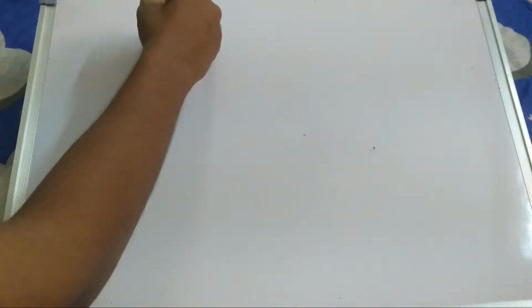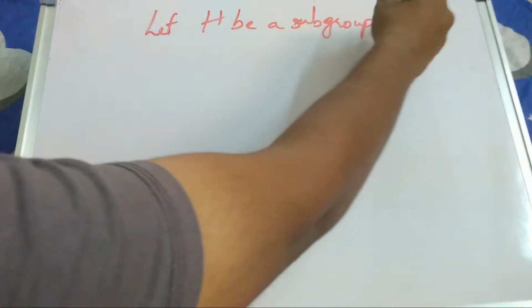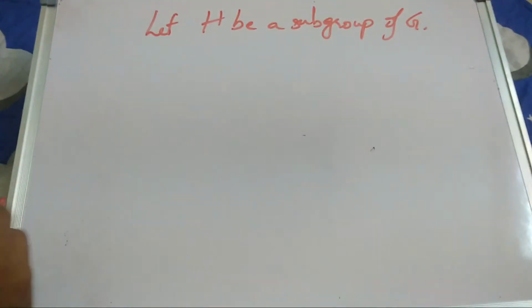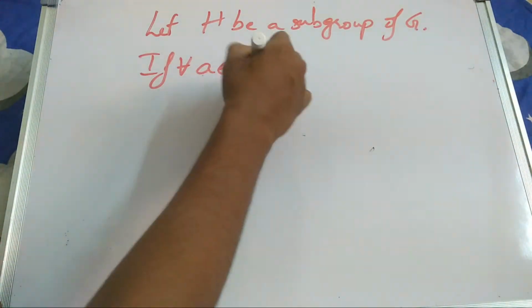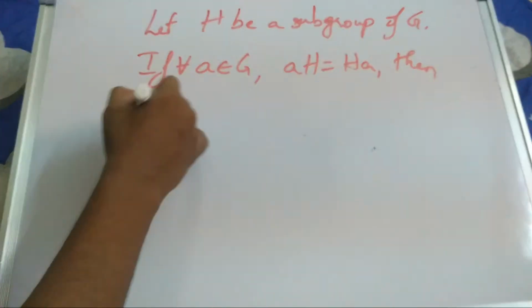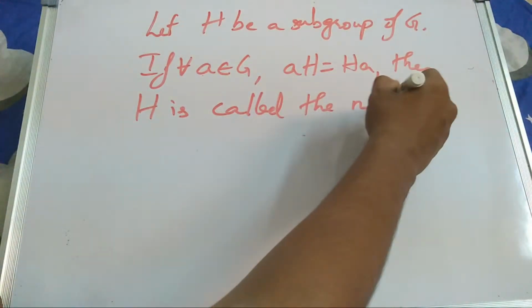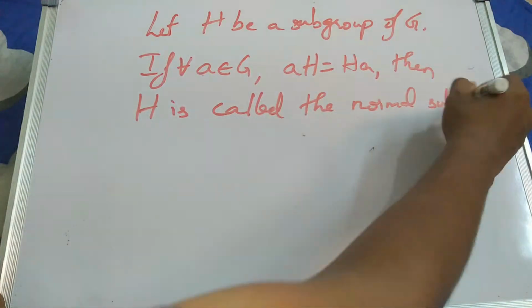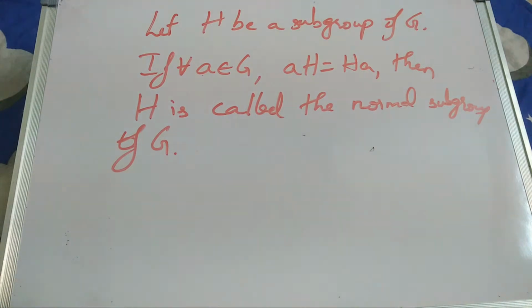So let H be a subgroup of G. If for every A in G, AH equals HA, then H is called a normal subgroup of G. That is, given any A in G, the left coset must be equal to the right coset.